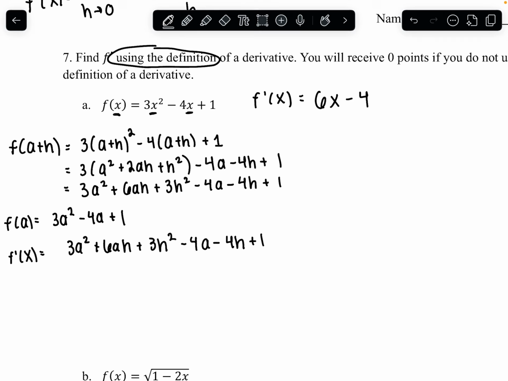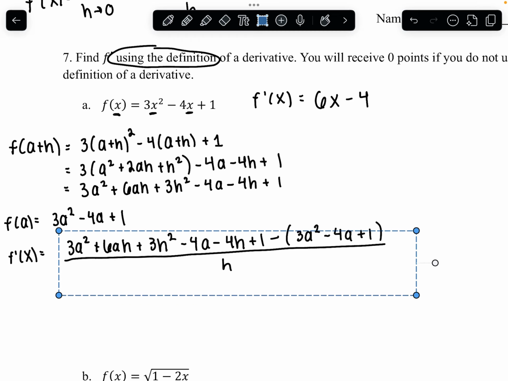Okay, yeah, we understand. We can read. So this whole thing gets subtracted from or by f of a. Make sure this negative sign gets distributed to everything, not just the first term. Okay, that's another common mistake I see. And this is all divided by h.